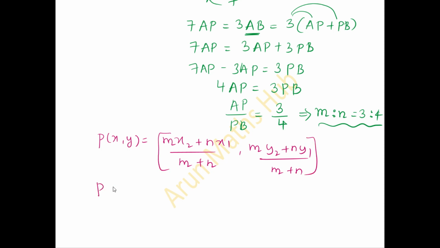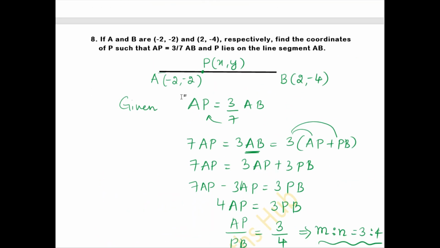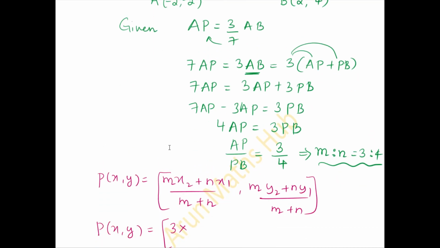Now P of x, y equals, what is m? M is 3. What are the points? The points are (-2, 2) and (2, -4). Now what is x2? X2 is 2, n is 4, x1 is -2, whole divided by m plus n, 3 plus 4, is 7.